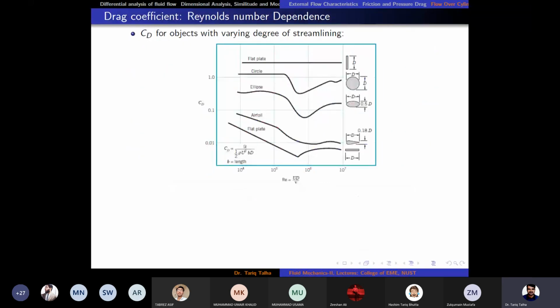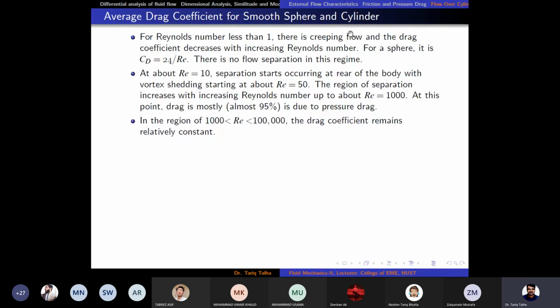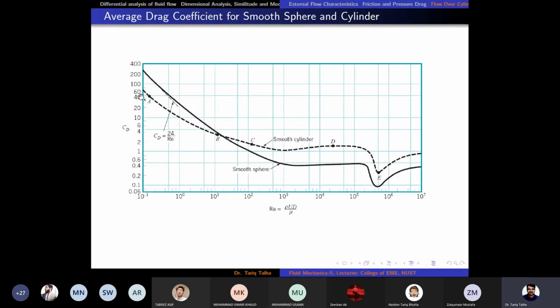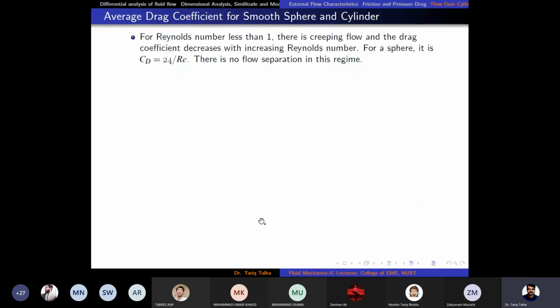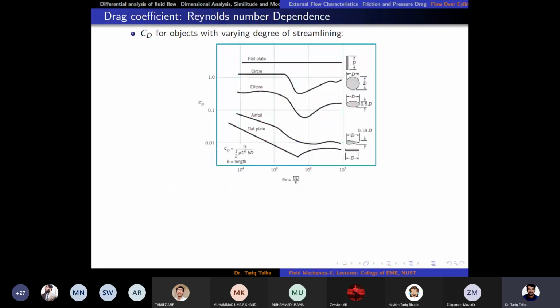And then this is the CD graph, as I have shown you for the circular cylinder, as a function of Reynolds number. Here it is shown for some other shapes. Like here, you can see for the flat plate, when it is a totally blunt body, there is no dip in CD.